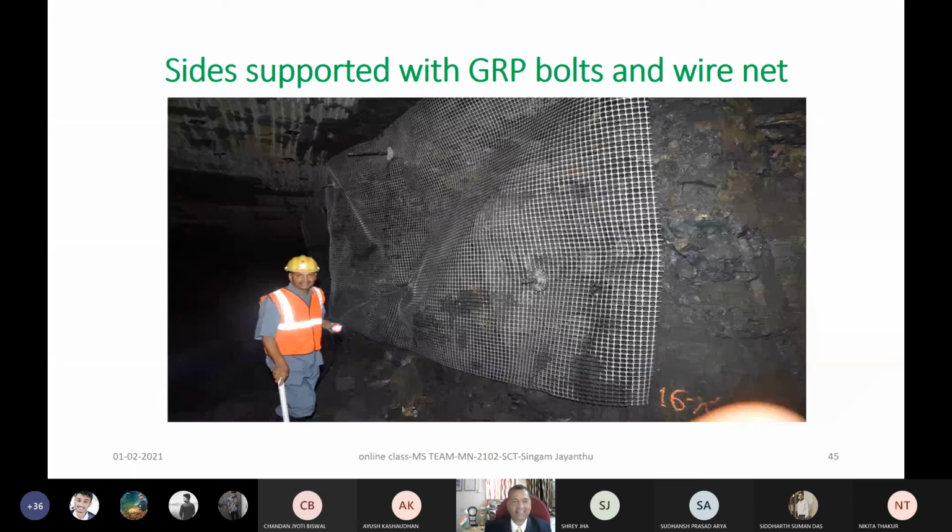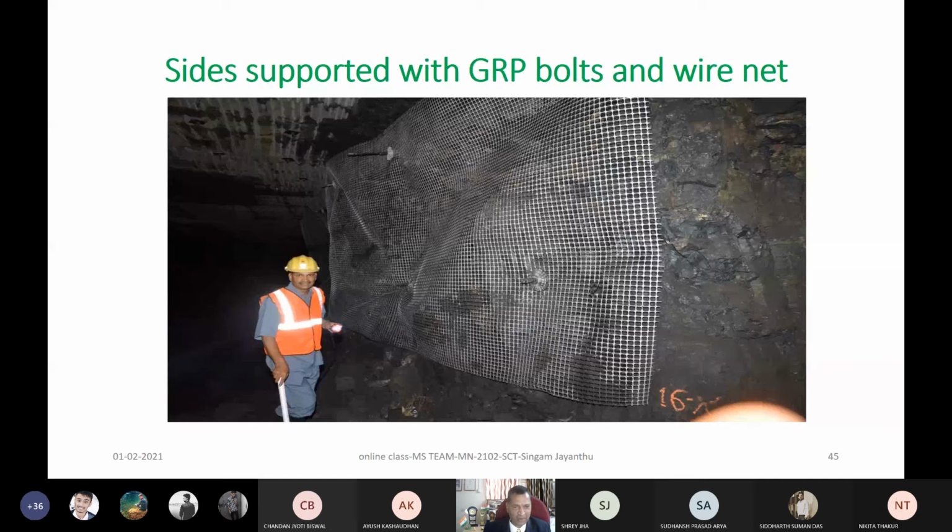Then there was a failure that happened there, and later the same panels, same coal reserve, which was supposed to be extracted, were designed by the National Institute of Rock Mechanics at that time, or NIT Rourkela at this time, by us, by board and pillar method. And these are the situations we are now able to see.